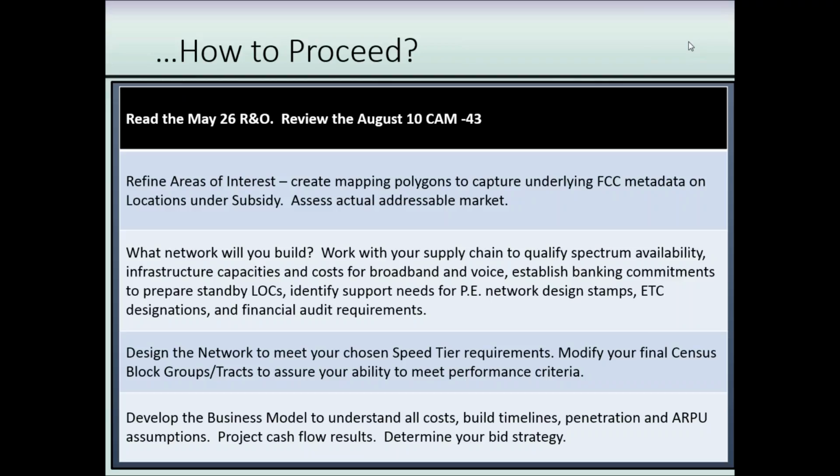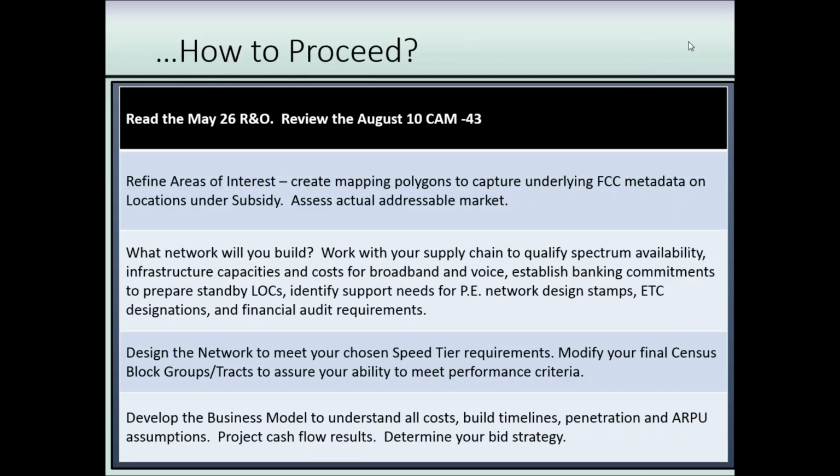And you can begin to assess the potential in any one market area and formulate a 10-year set of projections to see how the cash flow would model, assuming various kinds of inputs on the network build, on other costs that you have, so that you know where you would want to be in being a bidder.